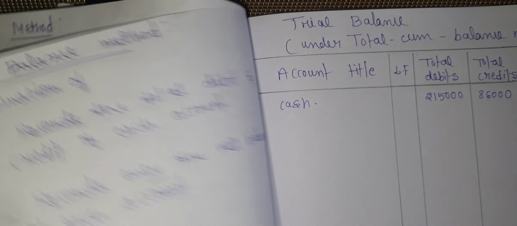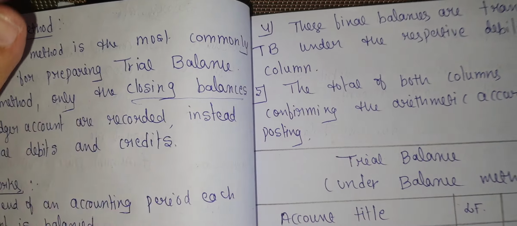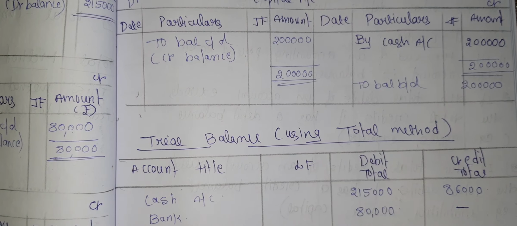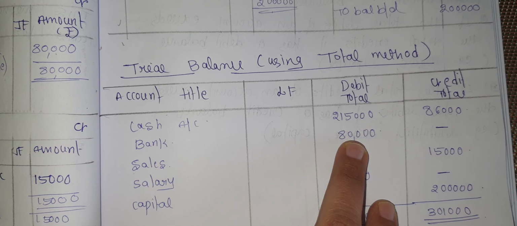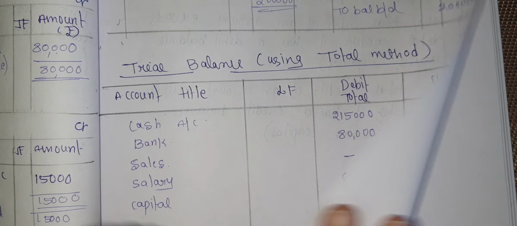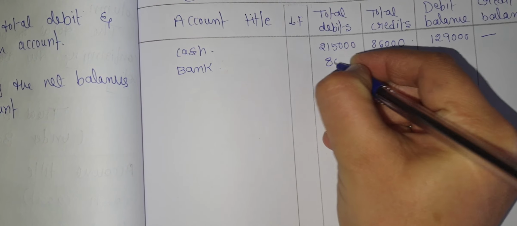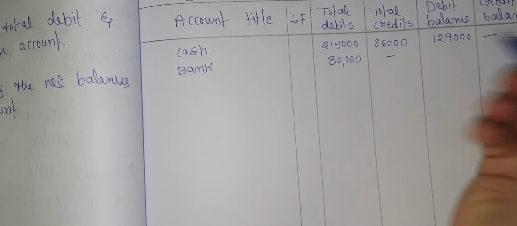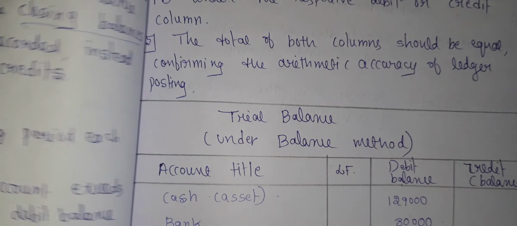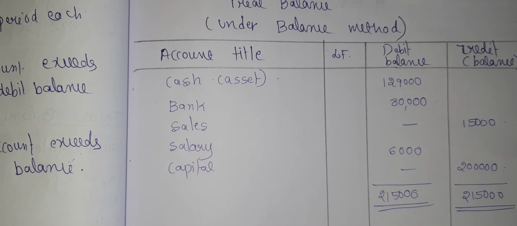Next one is bank. See the total method. Bank, debit total 80,000 and credit total is nil. And in the balance method, bank, debit balance 80,000, credit balance nil.